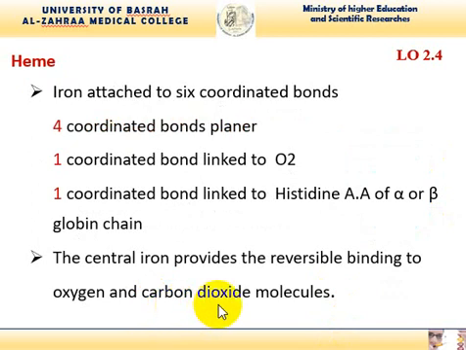Therefore, iron is attached to 6 coordinated bonds: 4 coordinated bonds planar with the nitrogens, 1 coordinated bond linked to oxygen, and 1 coordinated bond linked to a histidine amino acid of the alpha or beta globin chain. The central iron provides reversible binding to oxygen and carbon dioxide molecules.